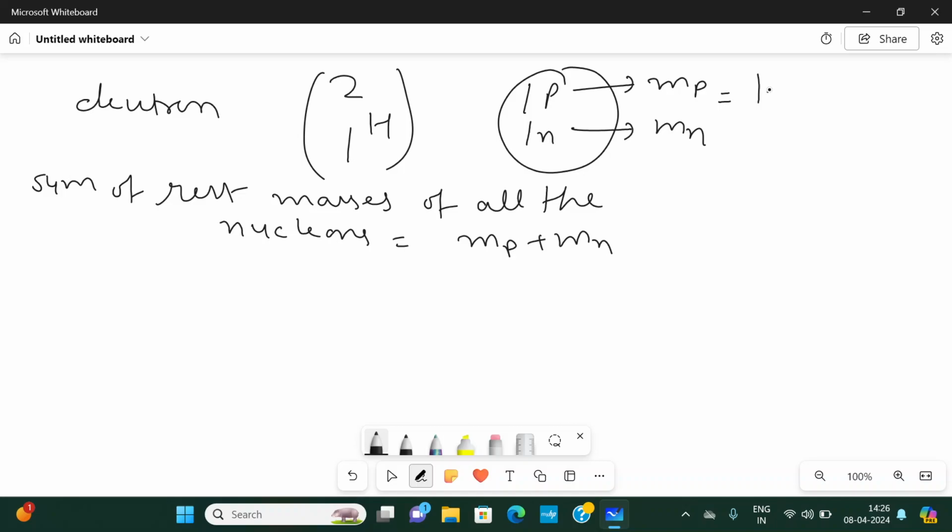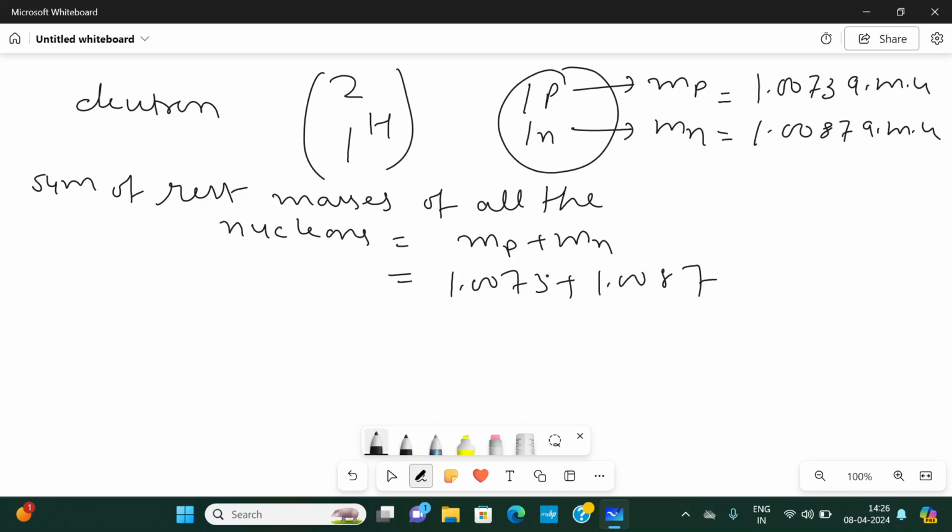Mp is 1.0073 atomic mass unit and the mass of neutron is 1.0087 atomic mass unit. Then the sum of rest masses of all the nucleons is 1.0073 plus 1.0087. It will come out to be 2.0160 atomic mass unit when we add it.